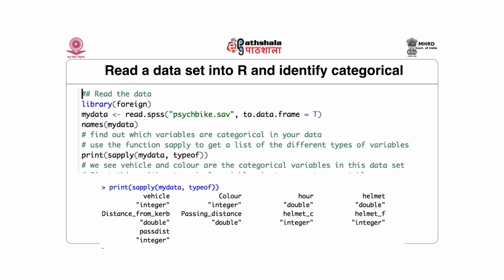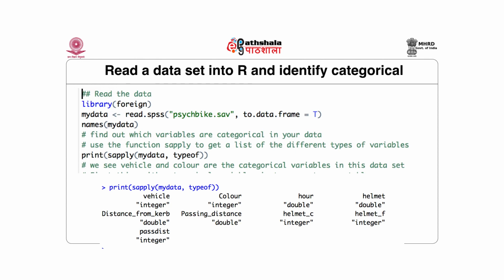and sApply then returns it. So if I print it out to my console, I get to see an output, which is shown below: the variable vehicle is an integer, the variable color is an integer, the variable helmet is an integer, helmet C is an integer, and the passing distance is an integer as well.